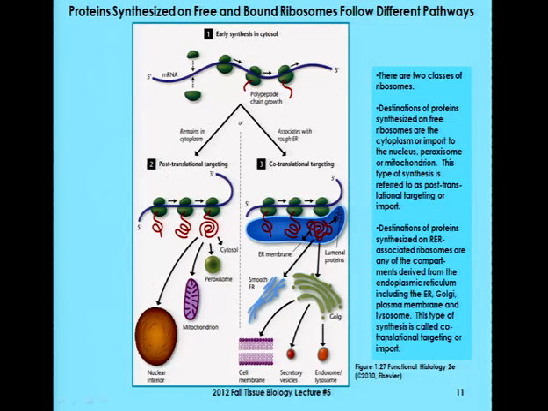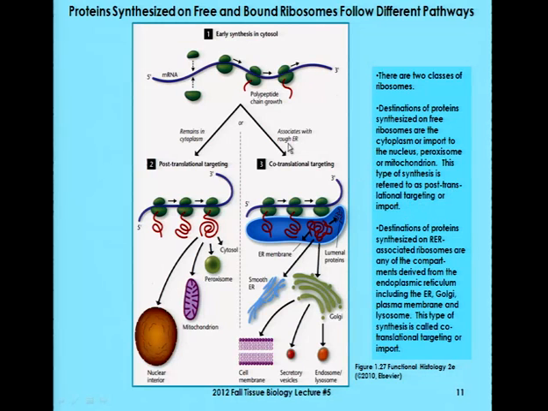Those ribosomes that remain in the cytoplasm synthesize proteins destined either for the cytosol or for later incorporation inside the peroxisome, mitochondrion, or within the nucleus. This type of synthesis is referred to as post-translational targeting or import.